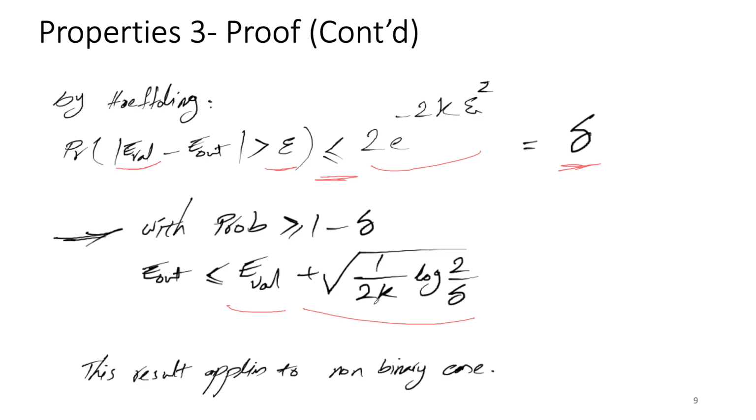Also, this applies to non-binary cases, but the case becomes more complex, so we don't discuss it here. You can use VC dimension or Hoeffding's inequality, but it becomes more complex in this case. So now the question is, how are we going to select that parameter k?